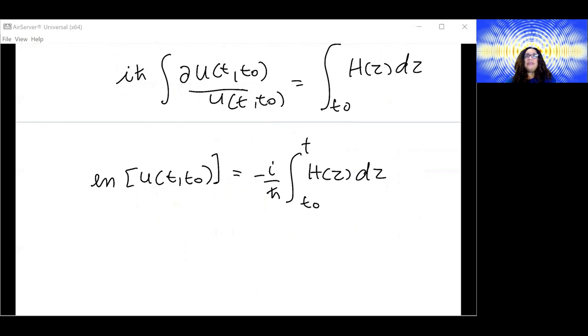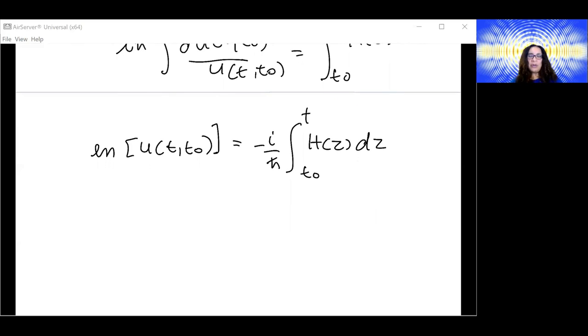Now, this is a bit curious. You can say, okay, so I have to include something else. I'm doing this a bit quick and dirty, but my interest here is to show you the general form of this time evolution operator. But in real life, you have to be careful with something we call time ordering. And we're going to see this in more detail when we discuss chapter 4 later on in the course.